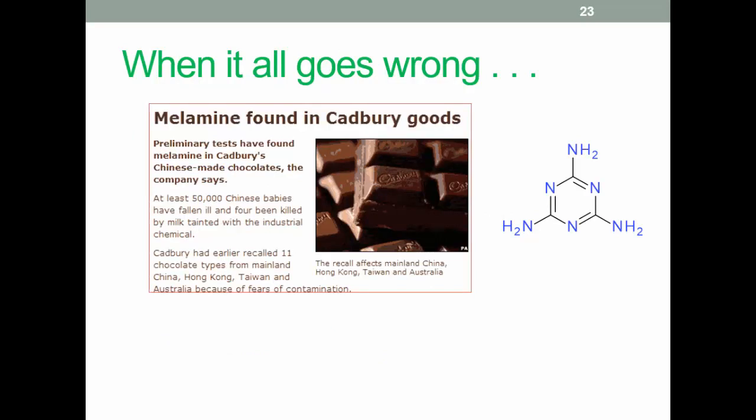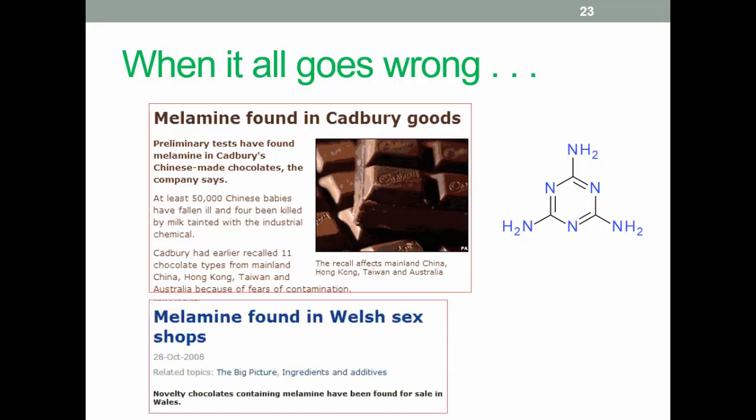So when it all goes wrong, this here is melamine, a molecule which, as you can see, contains a lot of nitrogen. A scandal arose when food was found to have been deliberately contaminated with melamine to increase its apparent protein content. There's one example from Cadbury's food and also in other products, which we won't talk too much about.